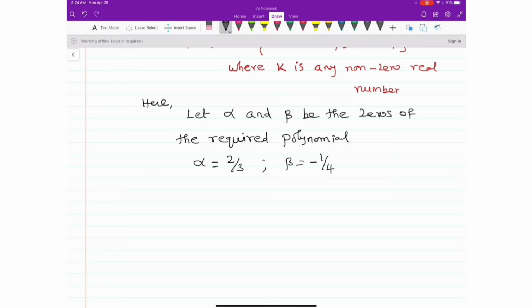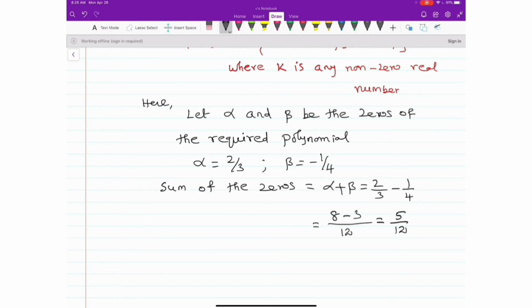From here, sum of the zeros is equal to alpha plus beta is equal to, substitute the values, 2 by 3 minus 1 by 4. We can take 12 as LCM, then we will be having 8 minus 3, which is equal to 5 by 12.